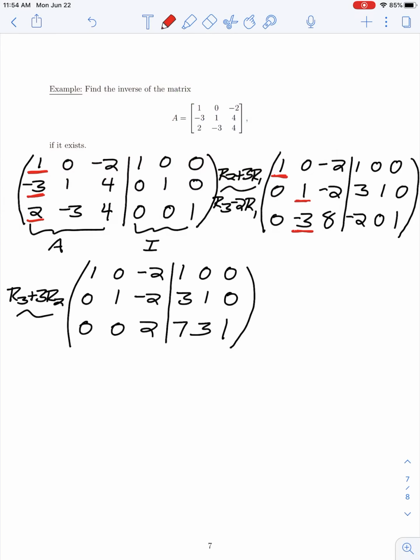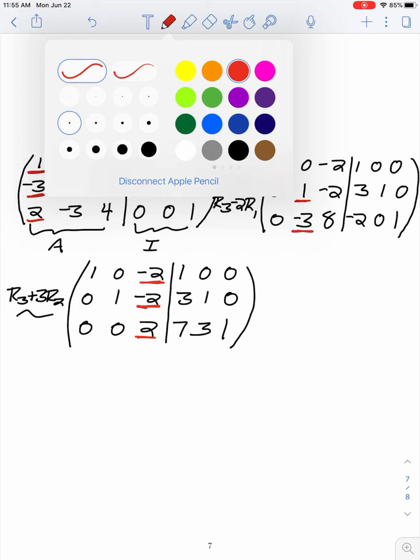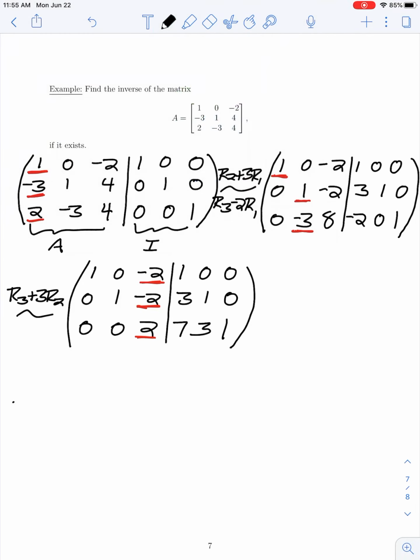So now in my last step, I have a leading entry of 2 in my third row, which I see I could use to eliminate the negative 2 appearing above that in both the first and second rows. So I could take row 1 and add row 3 to it, and take row 2 and add row 3 to it.